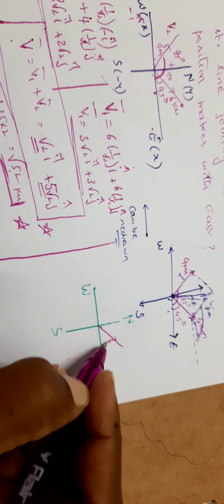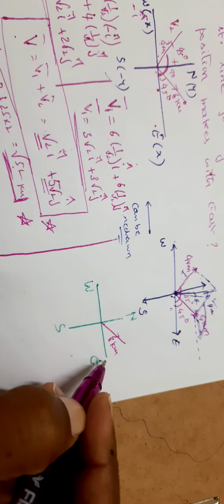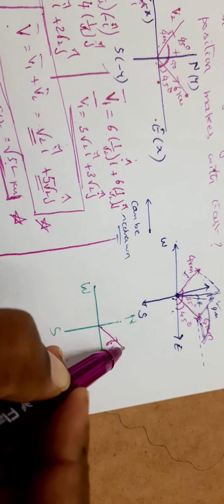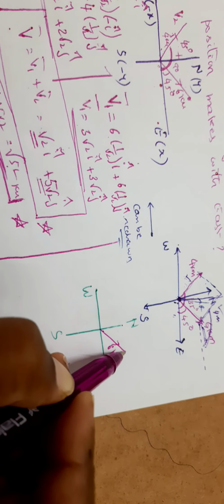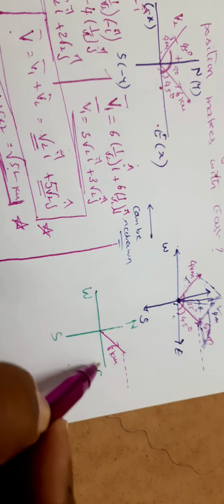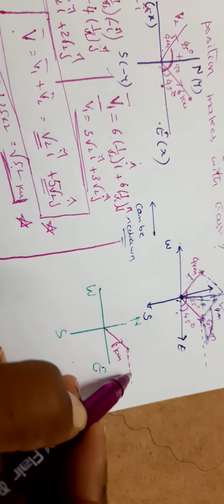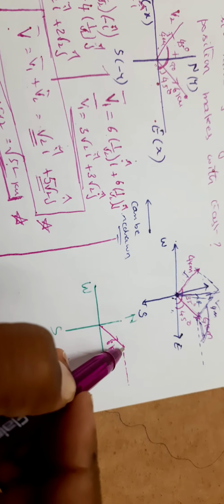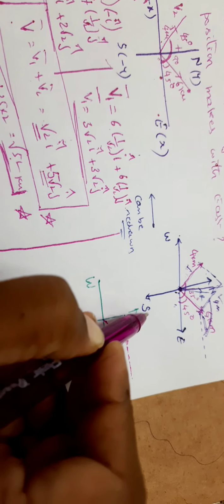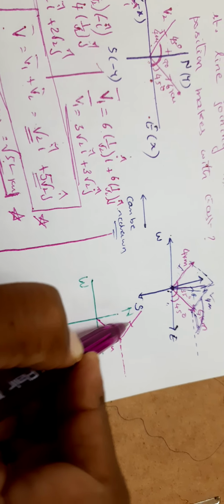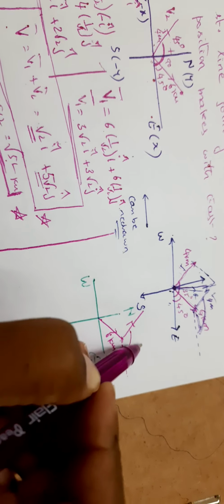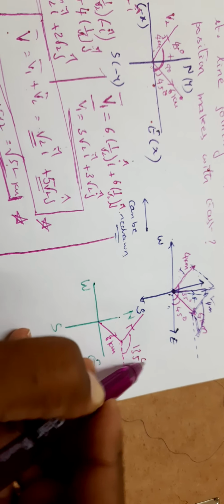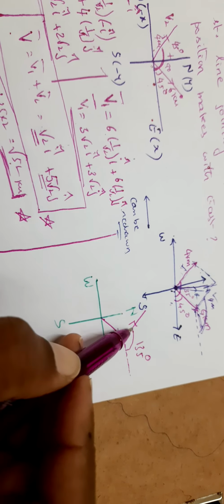The car moved by 6 kilometers. And from here, if I draw a line parallel to the east direction, that is the positive x direction, it is making an angle of 135 degrees with east.